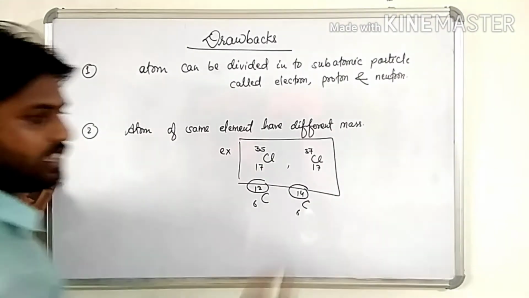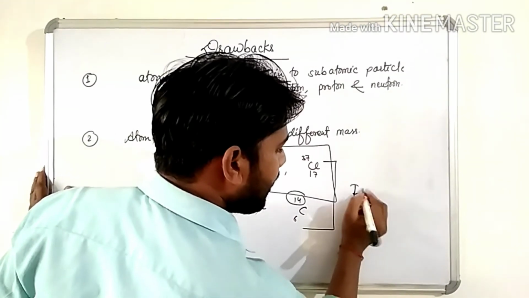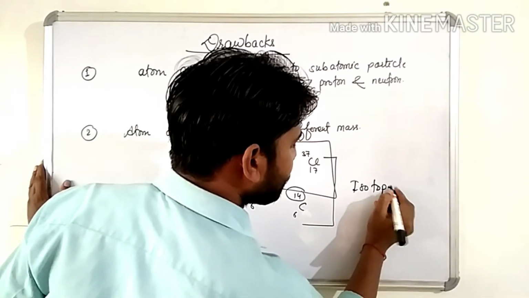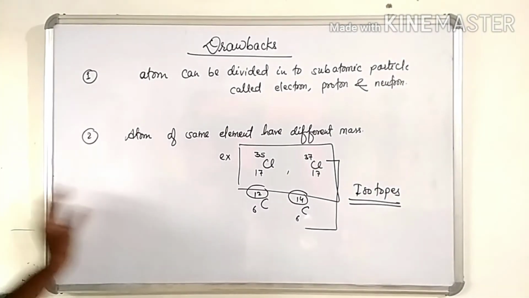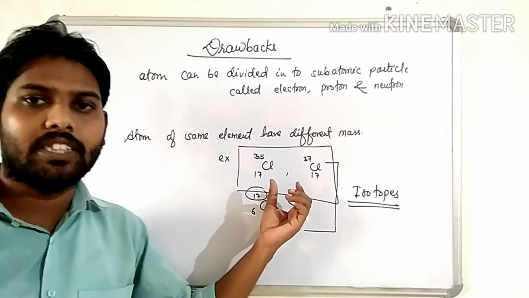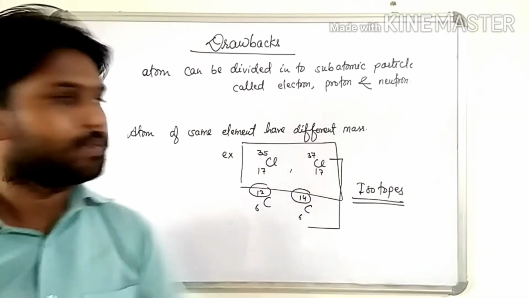These types of atoms are called isotopes. When the same element has different masses, they are called isotopes.